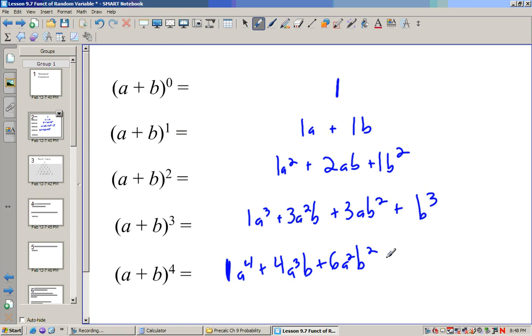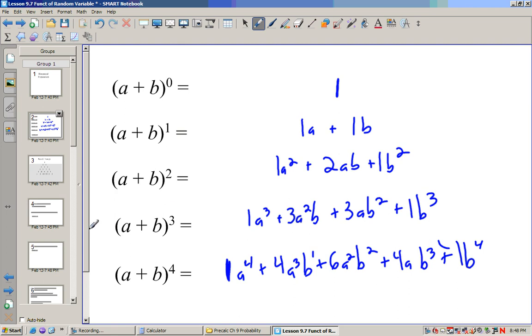If I add those two coefficients, I get 4, a b to the third, and then finally it ends up b to the fourth. This should be 1, 1. Now, notice how the exponents go 4, 3, 2, 1, 0, 0, 1, 2, 3, 4.